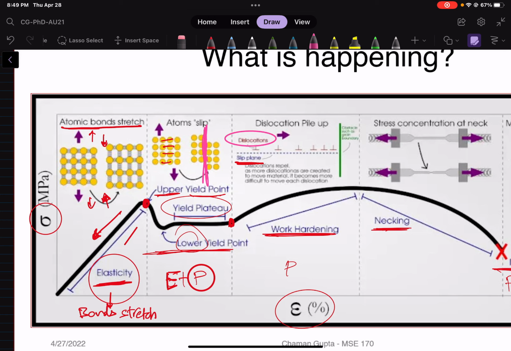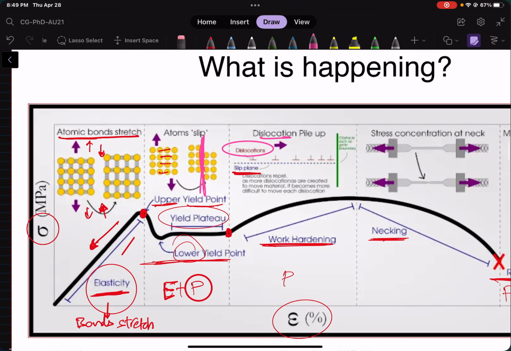What are dislocations? In a very simple sense, dislocations are sort of anomalies in your structure. These are defects of sorts. And what they do is that they prevent your. So let's write that here. What is happening?